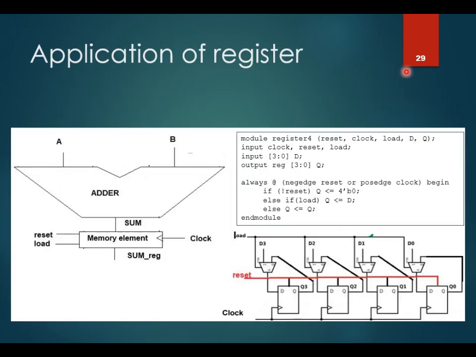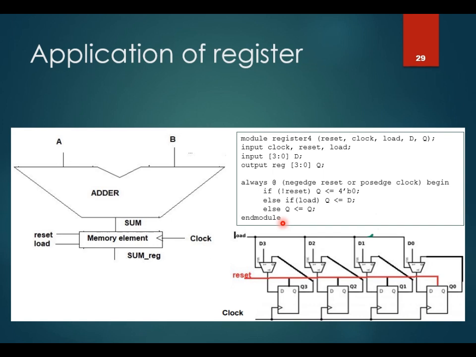The multiple-bit register that loads in data is very useful in applications such as arithmetic-based applications. So we have the register called load register, which has an additional enable-type input that we call the load input.